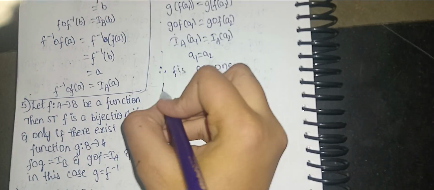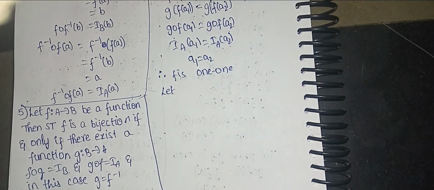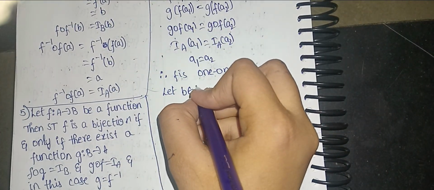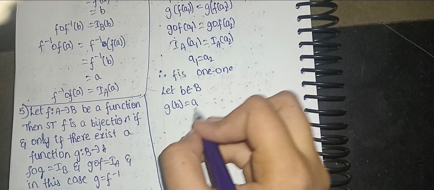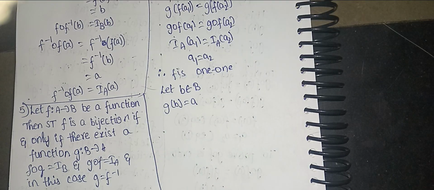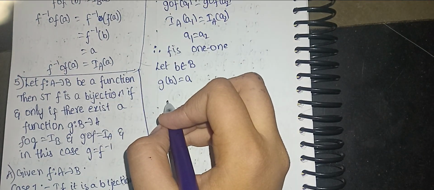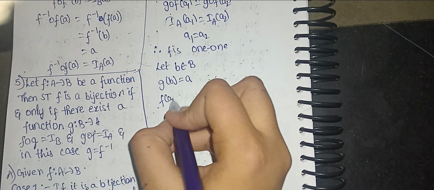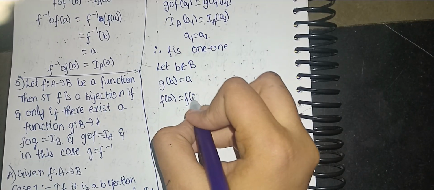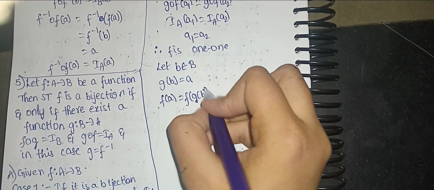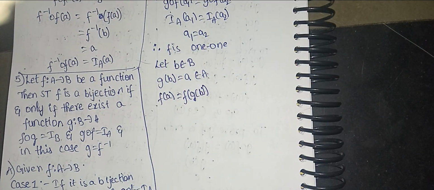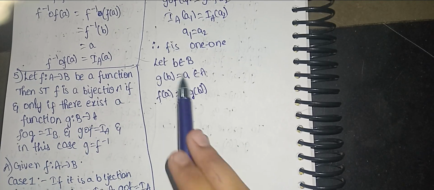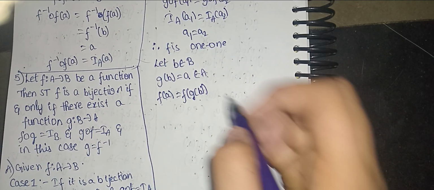So, let B belongs to B. G of B is equal to A. Then F of A is equal to F of G of B. See, A belongs to A. F of A, here A means this, no? We have put it.